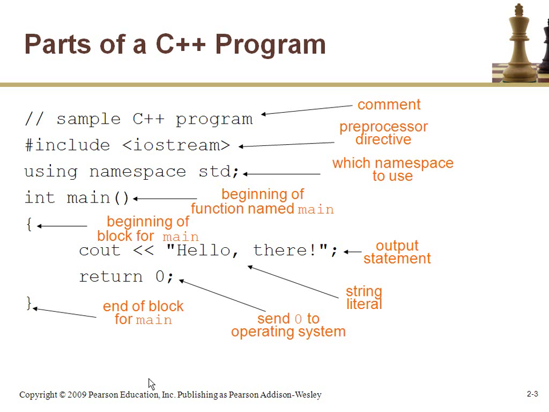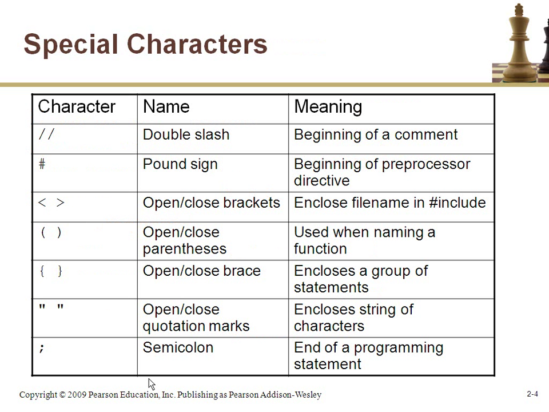The next part is looking at the special characters that are used in a program. The first character, //, shows the beginning of a comment. This is like a note for a programmer to him or herself for clarification purposes. The compiler will ignore these statements.